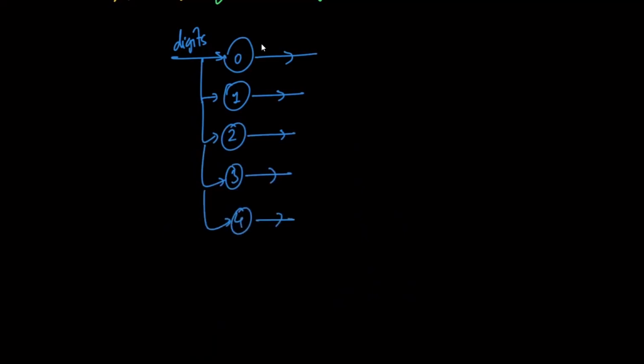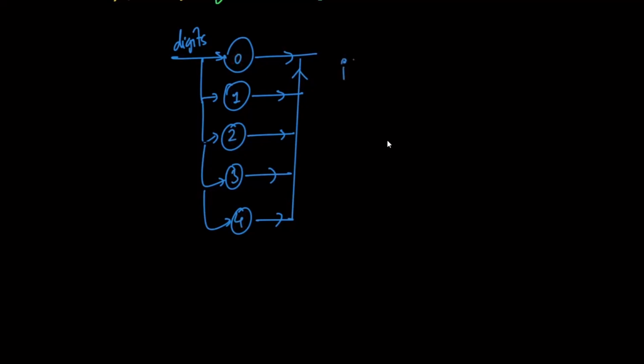Just for this particular programming language, we want digits to be only up to 4. Then let's draw a straight line, and all of them are joined with an arrow. So this syntax diagram represents that digits can be 0, 1, 2, 3, or 4. Any digit apart from that will produce a syntax error.